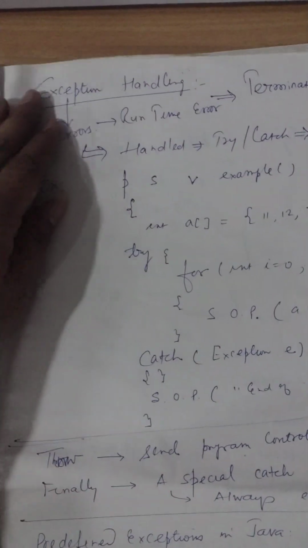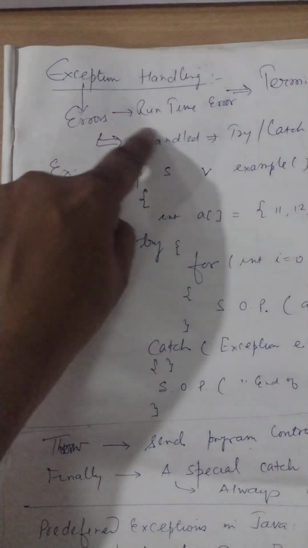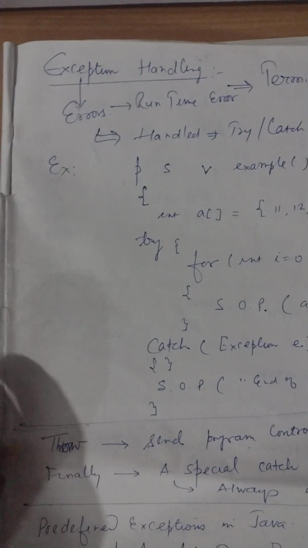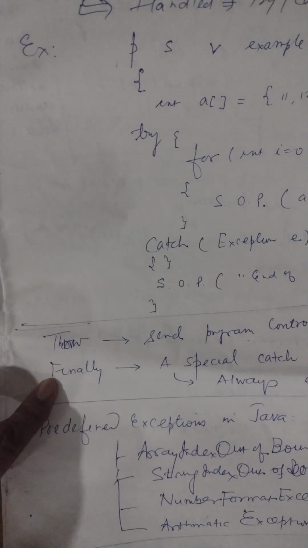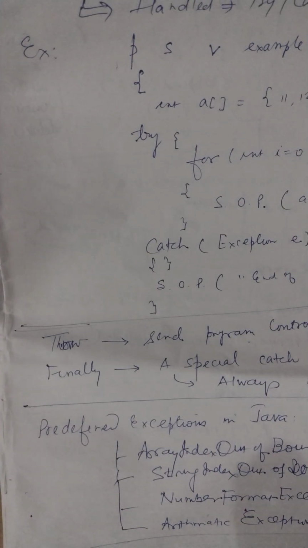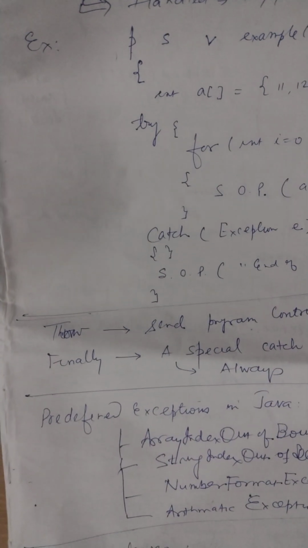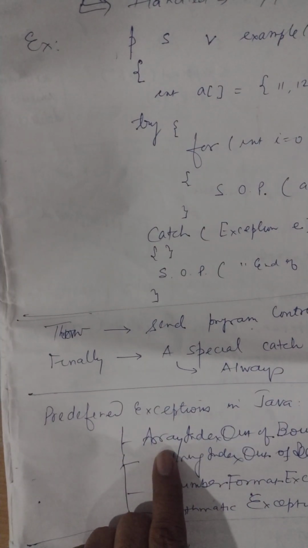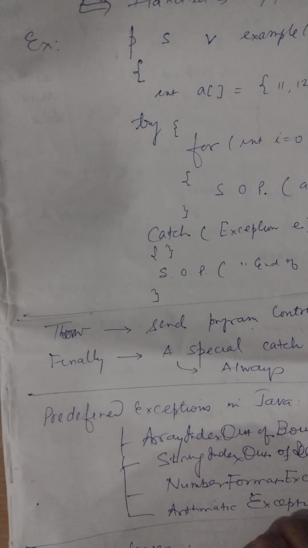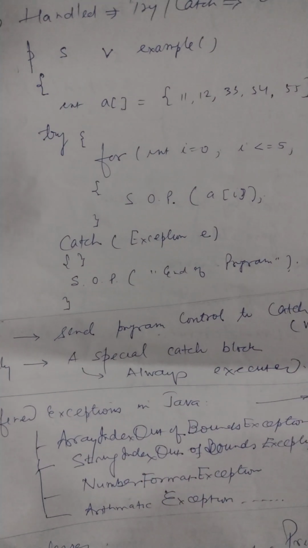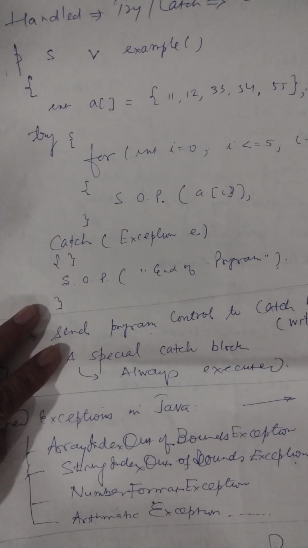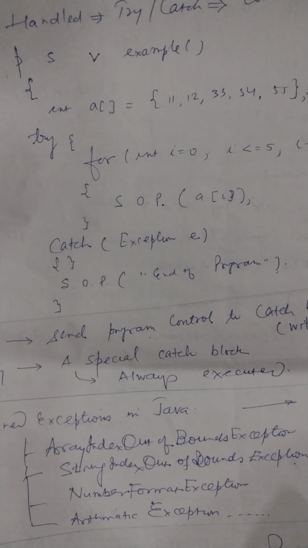The program on exception handling is written over here, right? Then use of throw, use of finally, then the list of predefined exceptions in Java like array index out of bound exception, and like that. And these predefined exceptions in Java are used for overloading the catch block, right?